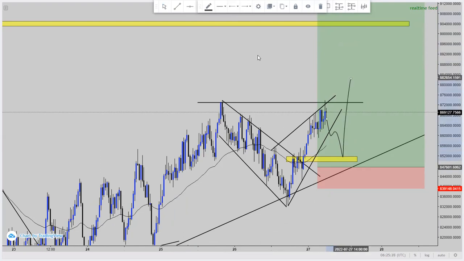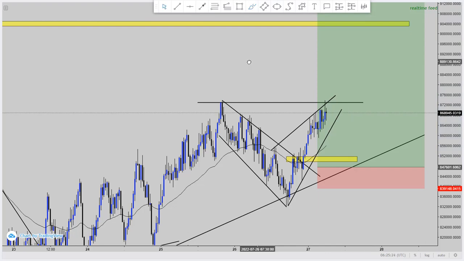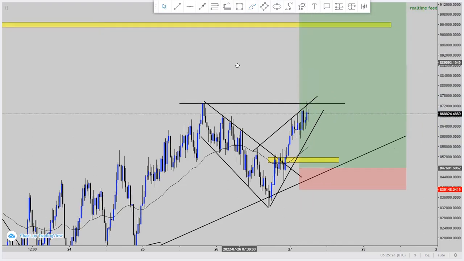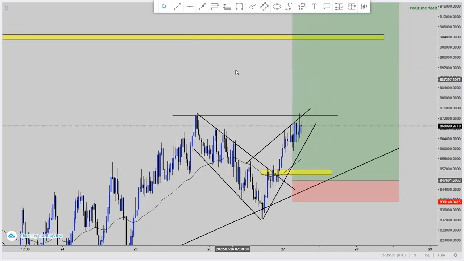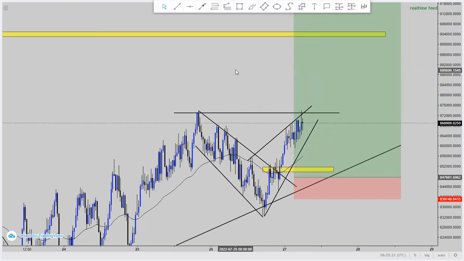That is also possible. So we're looking forward to those two most probable scenarios: either touch the trend line and go, or break this trend line, come down, confuse people, then go.